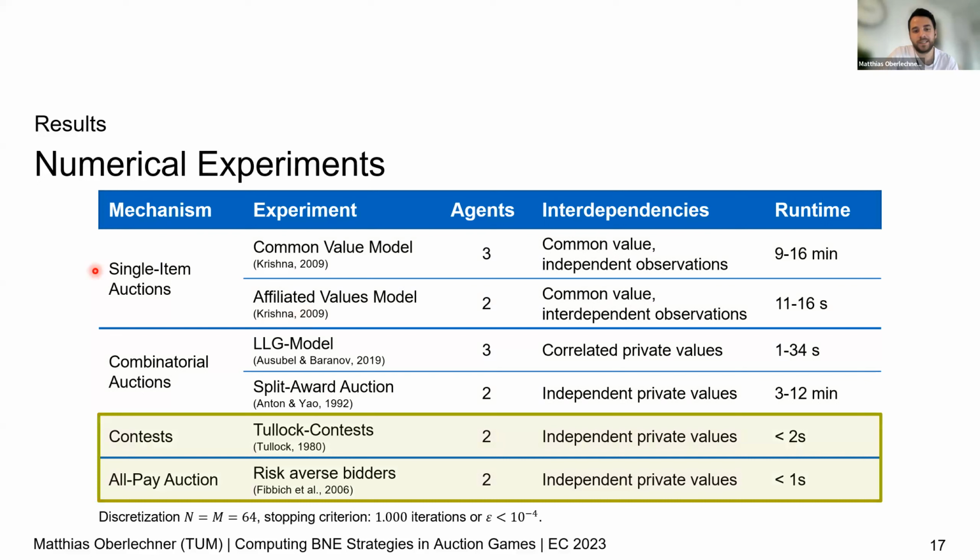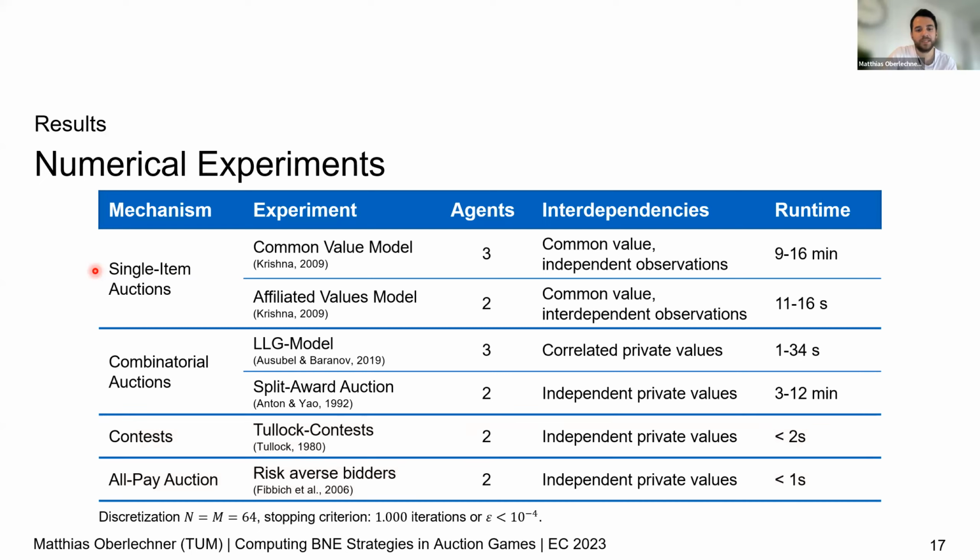But here we have settings which are maybe even more interesting, because there we do not have analytical solutions. And these are settings where our method can be very useful and shows us how equilibrium strategies might look like in the original continuous auction games.